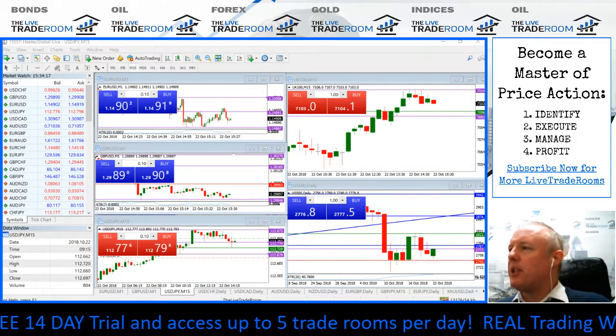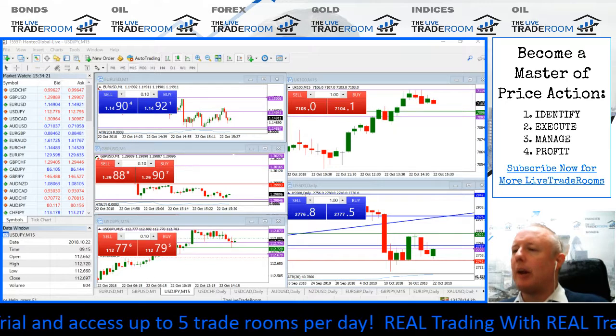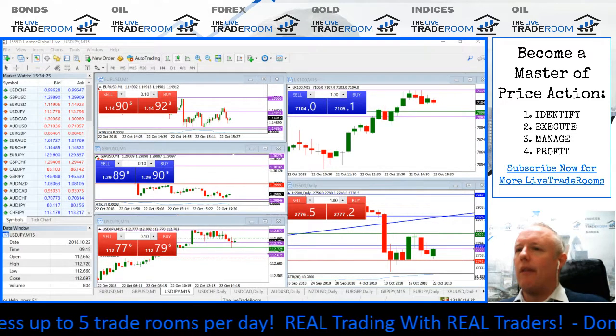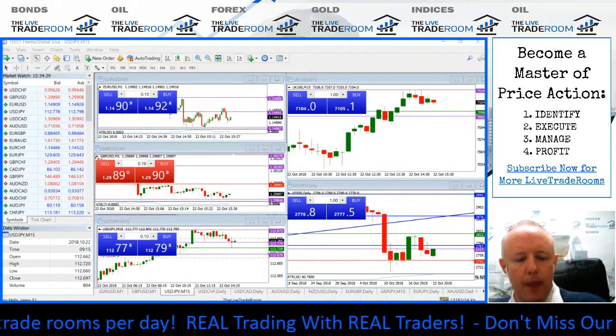I'm afraid we just have to monitor these trades a little bit more and see if we get a better opportunity. The pound dollar looks like it's extending lower.